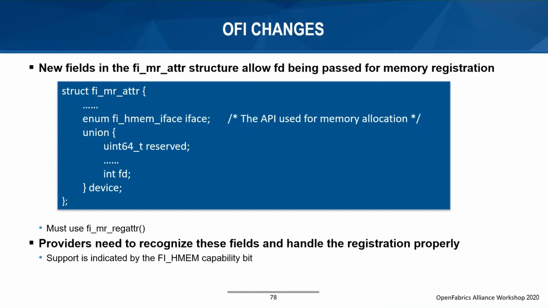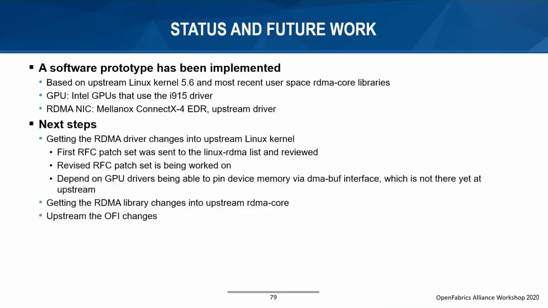Next slide, please. Right now, we have already implemented a software prototype to support all the things discussed previously. This is based on the upstream Linux kernel 5.6 and the most recent user space RDMA core library. We use Intel GPUs that use the i915 driver.